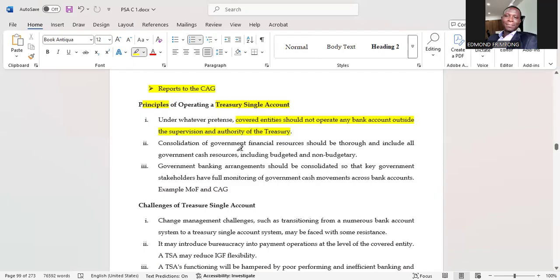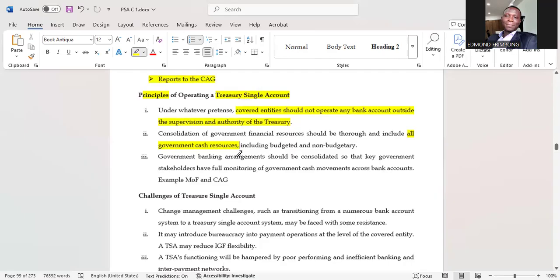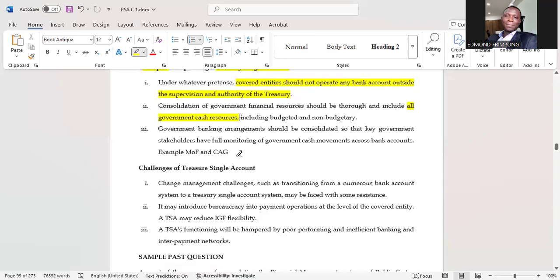Consolidation of government financial resources should be thorough and include all what? Very important. Government cash resources, including those that have been budgeted for and those not budgeted for. Now, we want to look at government banking arrangements and other operations.